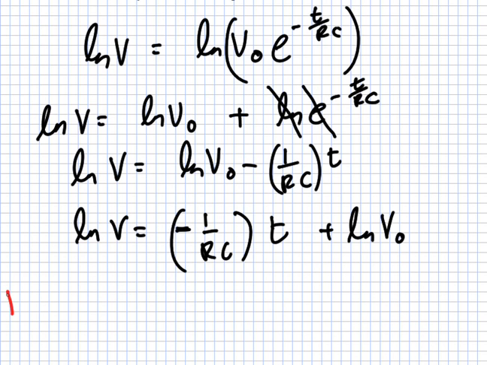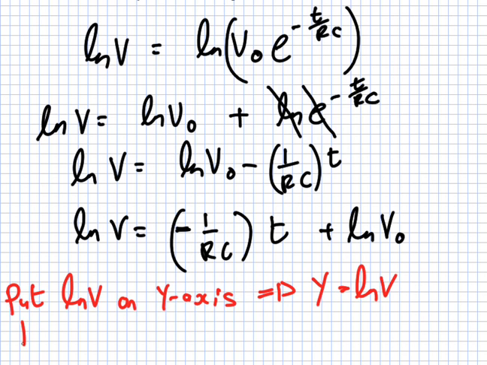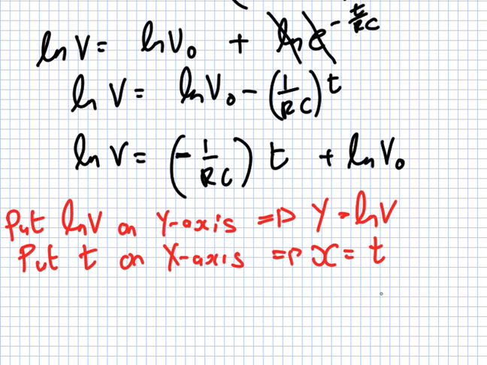So what we can do is put log V on the y-axis, so that means y equals log V. Put time t on the x-axis, so x is equal to t.